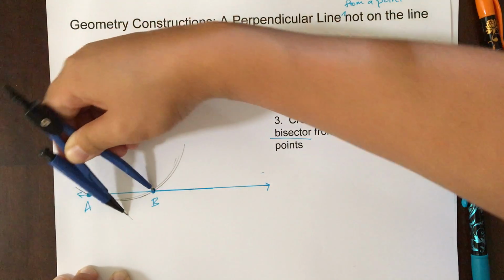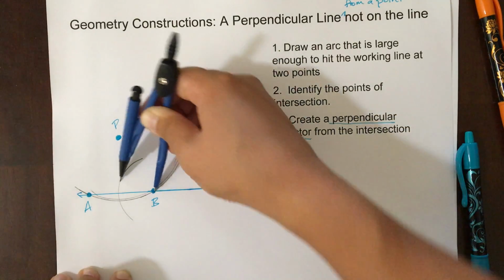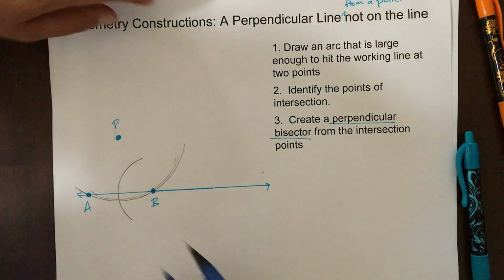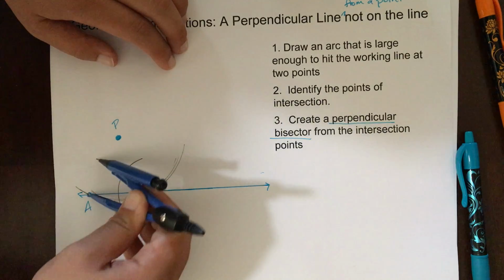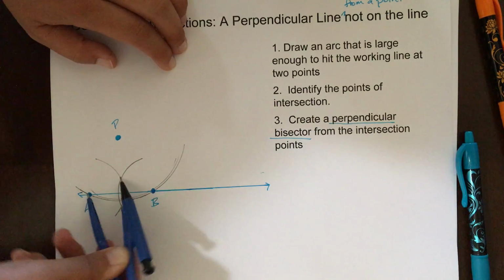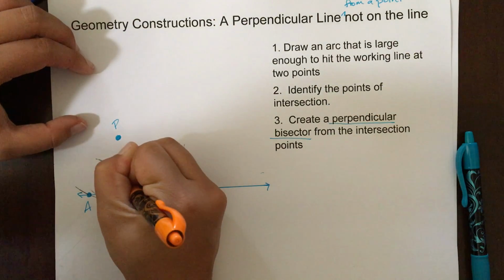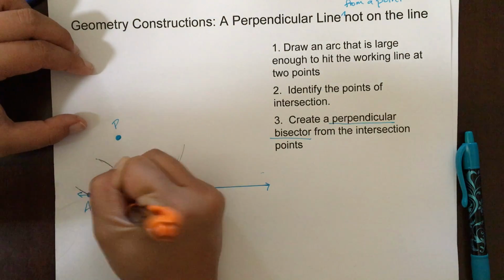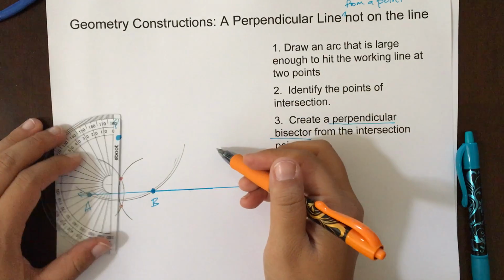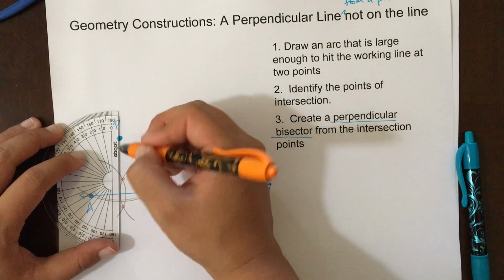So I'm going to draw in a little arc here. I'm going to take the same length, it's more than half, draw in another little arc here, and then identify the points of intersection. If you do this right, then all 3 of these points will lie on a line.